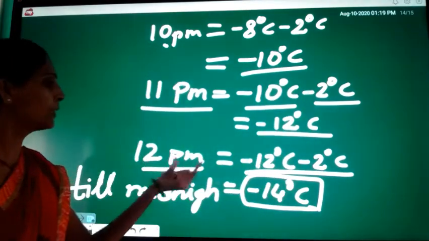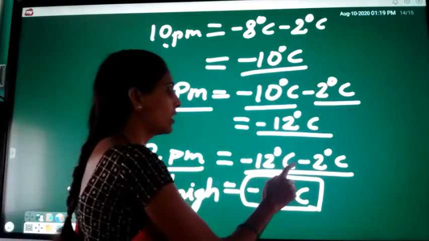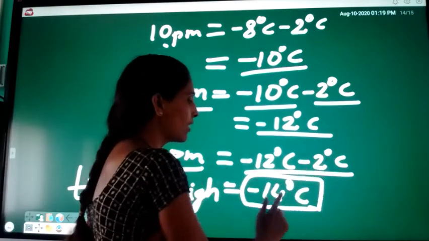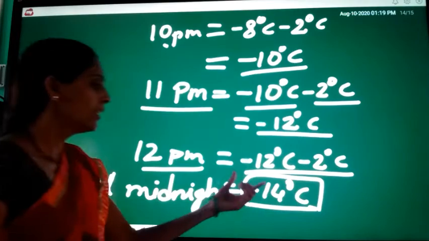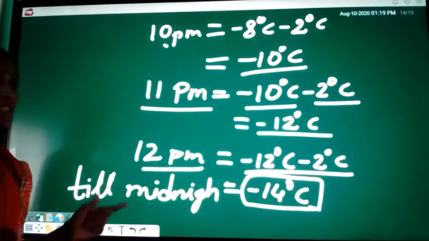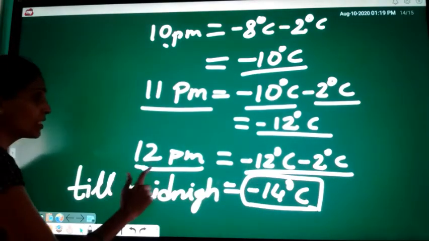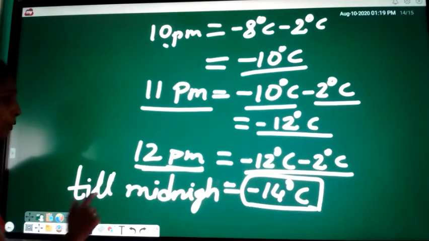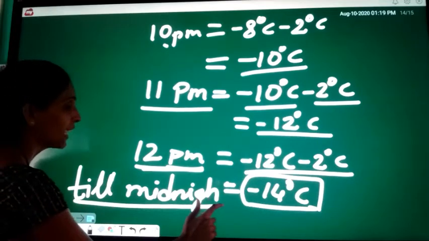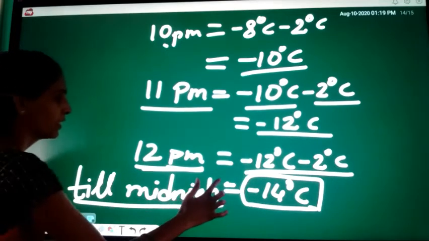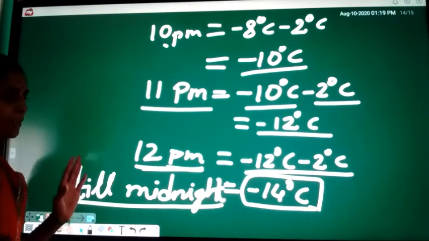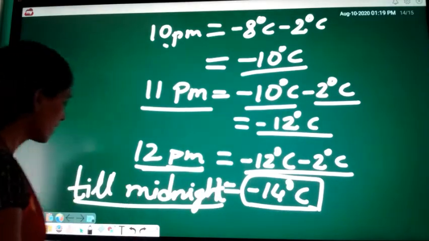At 12 the temperature was -12 degrees Celsius minus 2 degrees Celsius, which means -14 degrees Celsius. 12 here means midnight. It is the midnight temperature, -14 degrees Celsius.